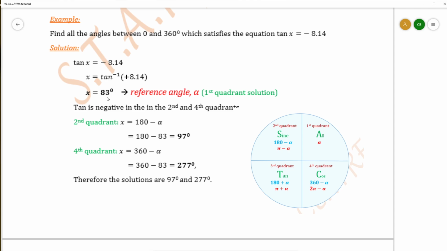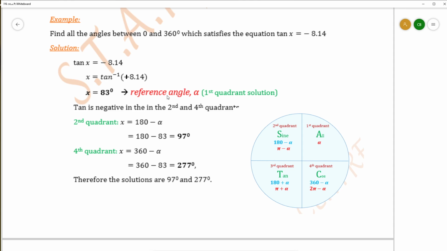So in this case, 83 degrees is not our solution or our principal solution, but it is now called a reference angle because it can be used to find the angles or the solutions in which tan would be negative. So tan would be negative in the second and fourth quadrants.